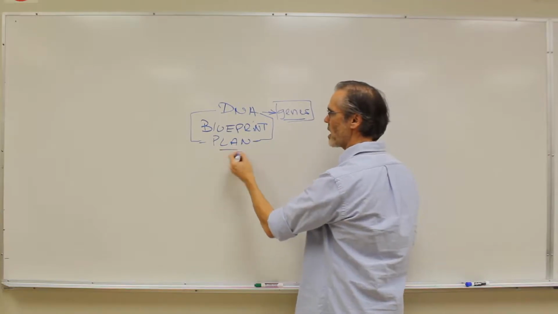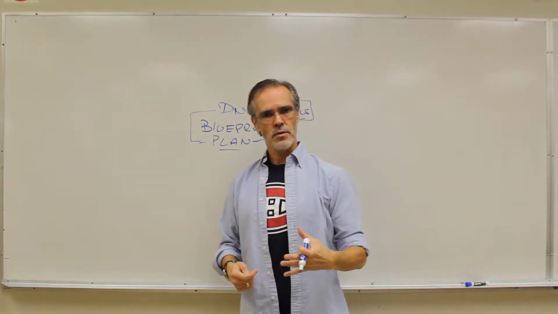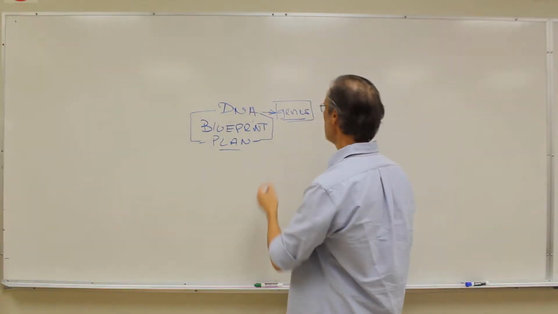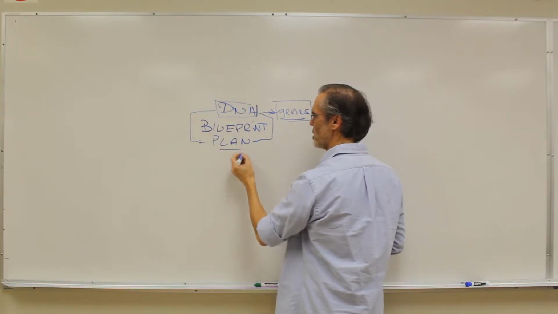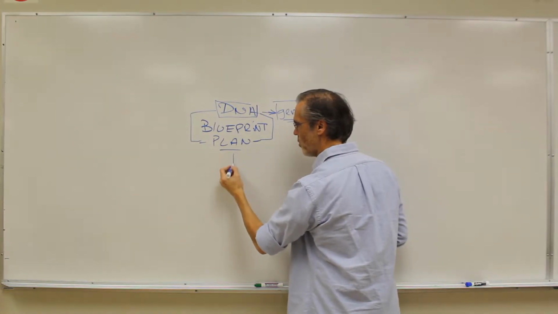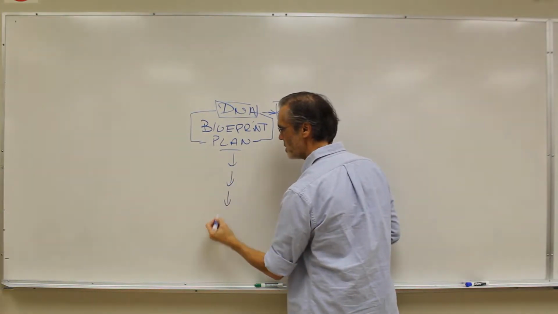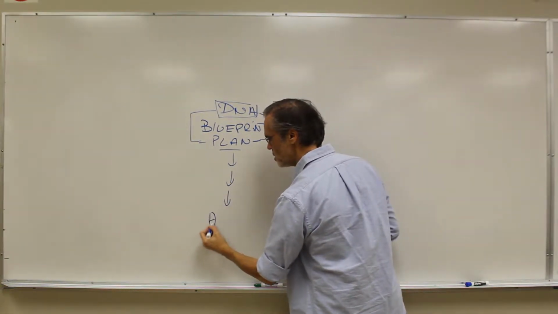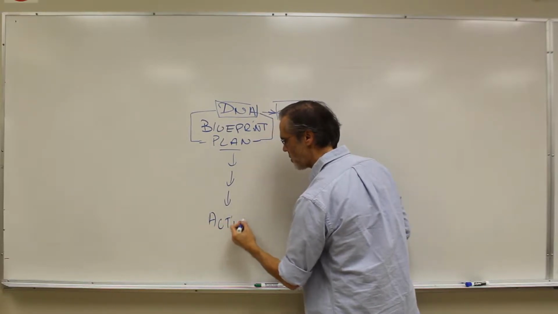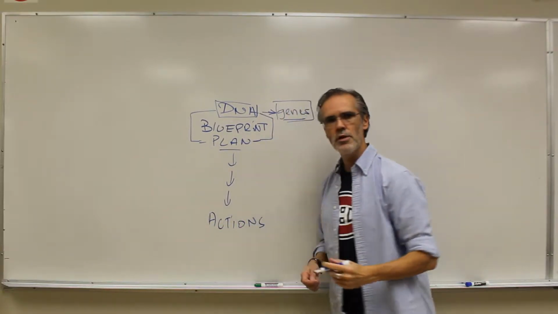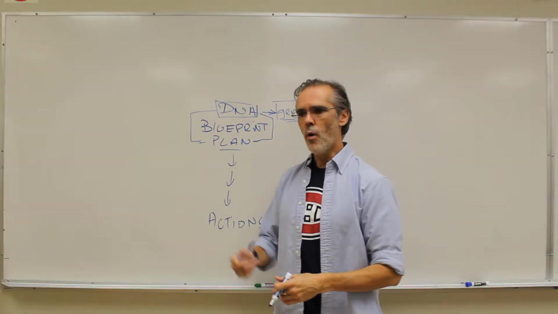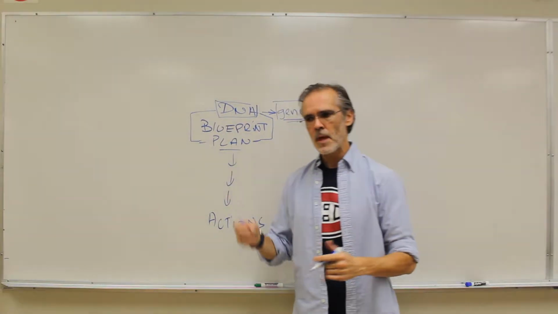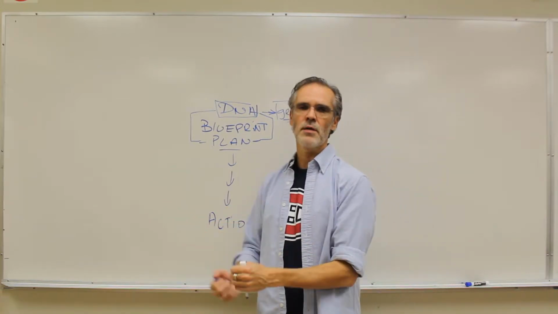Now that's the plan, but the plan does not lead to actions. We know that, right? So when you look at DNA, the blueprint, the plan, at some point it will need to lead to some actions, and the cell will need to do something, whether it's digest a hamburger or send electrical signals so that you can lift something, right?